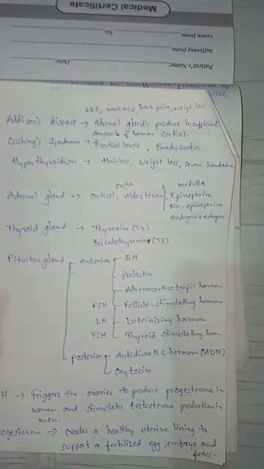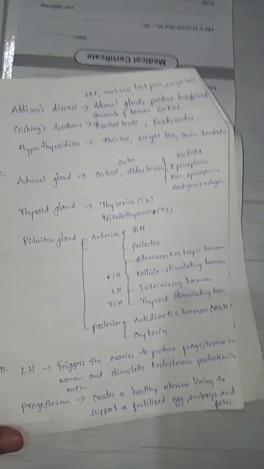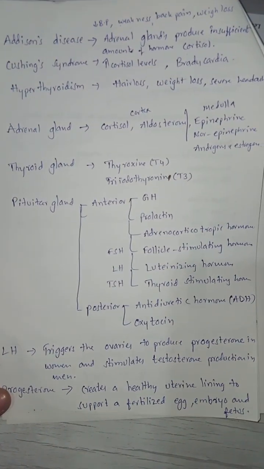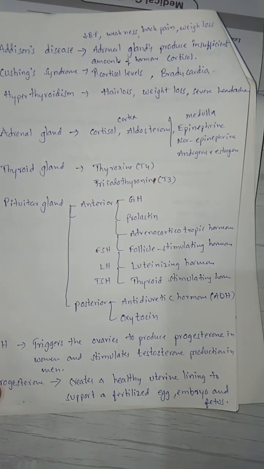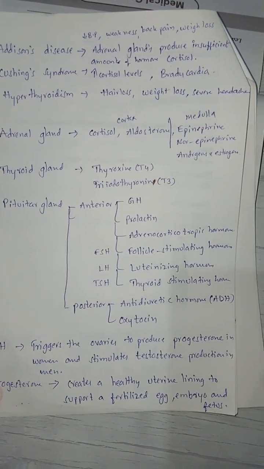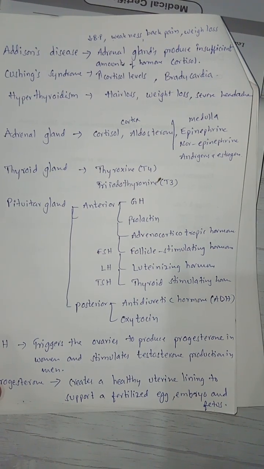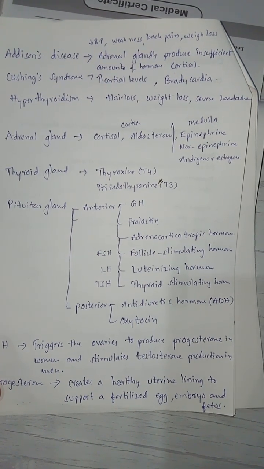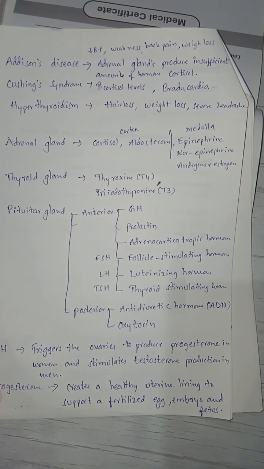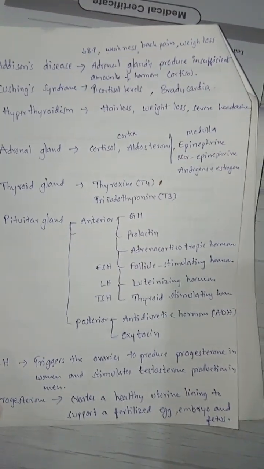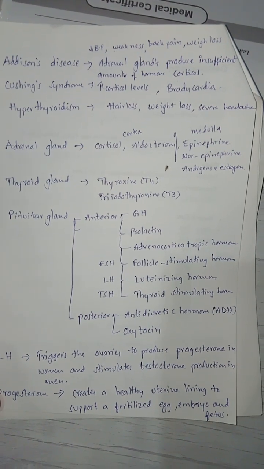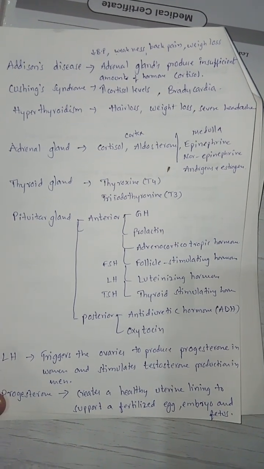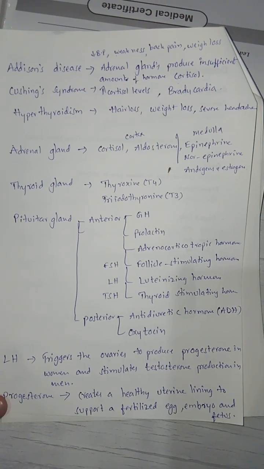The pituitary gland contains two portions, the anterior pituitary gland and the posterior pituitary gland. The anterior pituitary gland produces growth hormone, prolactin, adrenocorticotropic hormone, follicle stimulating hormone, luteinizing hormone, and thyroid stimulating hormone. The posterior pituitary gland produces antidiuretic hormone ADH and oxytocin.